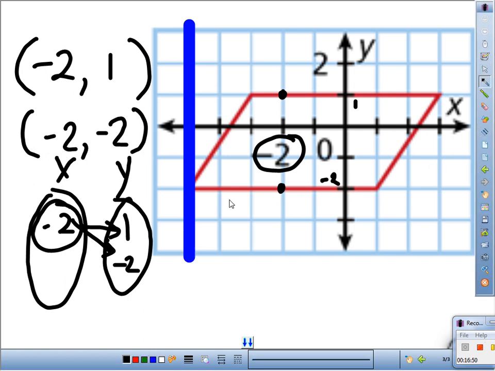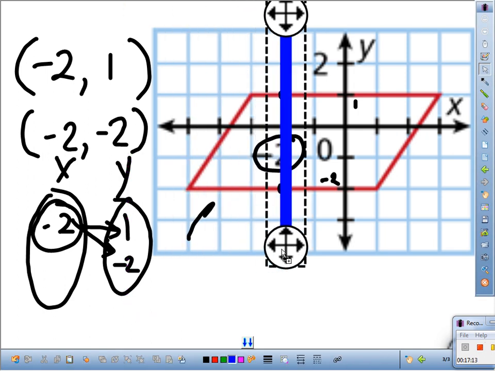I'm going to scan this graph like the Terminator from left to right, and as soon as this line touches that graph in 2 spots, that tells me that the x value has 2 points on that graph. Here it goes. First, let me show you the -2, which is obvious.